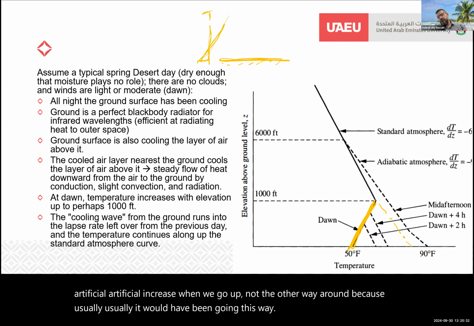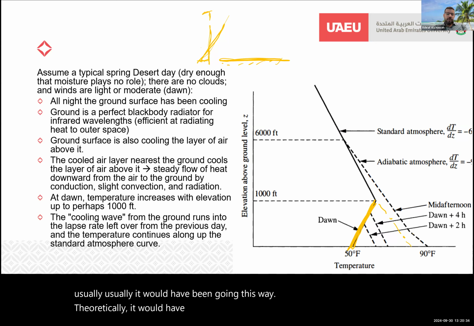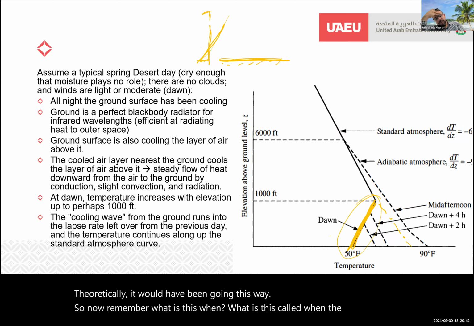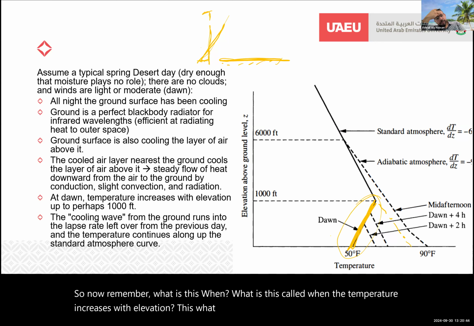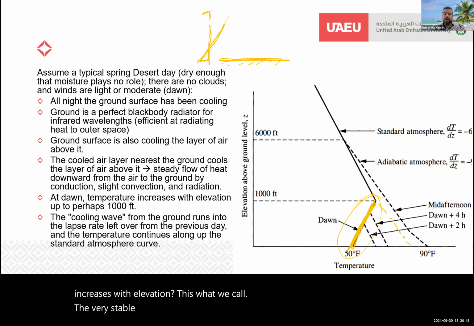Theoretically, it would have been going this way. Now remember, what is this called when the temperature increases with elevation? This is what we call a very stable atmosphere, which we also call an inversion.